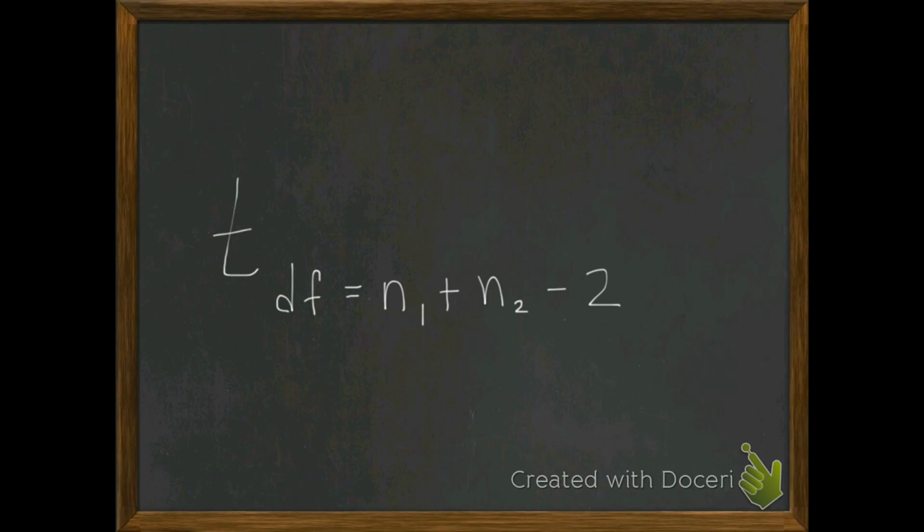It's just the sum of the sample sizes minus 2. So we would have, what was it, 18 and 12, so we would have a test degrees of freedom equal to 28.